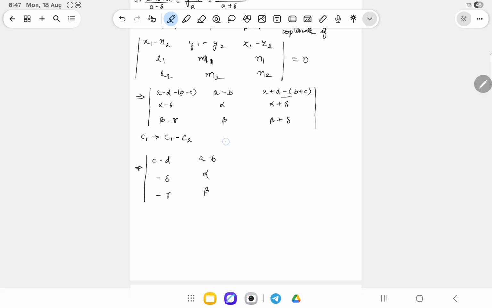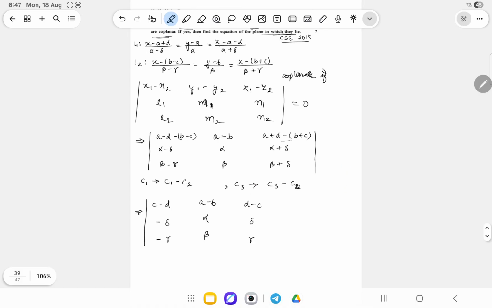Likewise, I can reduce my c3 as c3 minus c1 minus c2. So my c3 will be a minus b, so I'll get d minus c, and here it will be delta and gamma. Yeah, it is gamma.